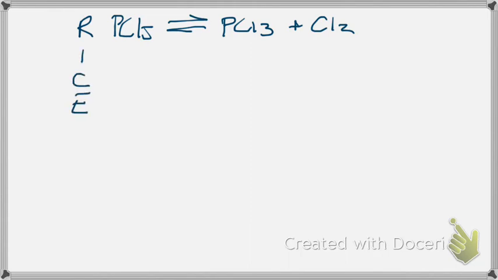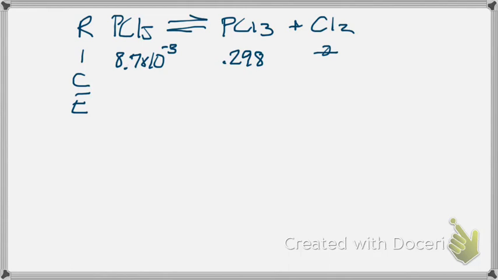Initially we have 0.298, and this has to be in moles, but it gave us moles, so that's good. We have no chlorine at this time, initially.